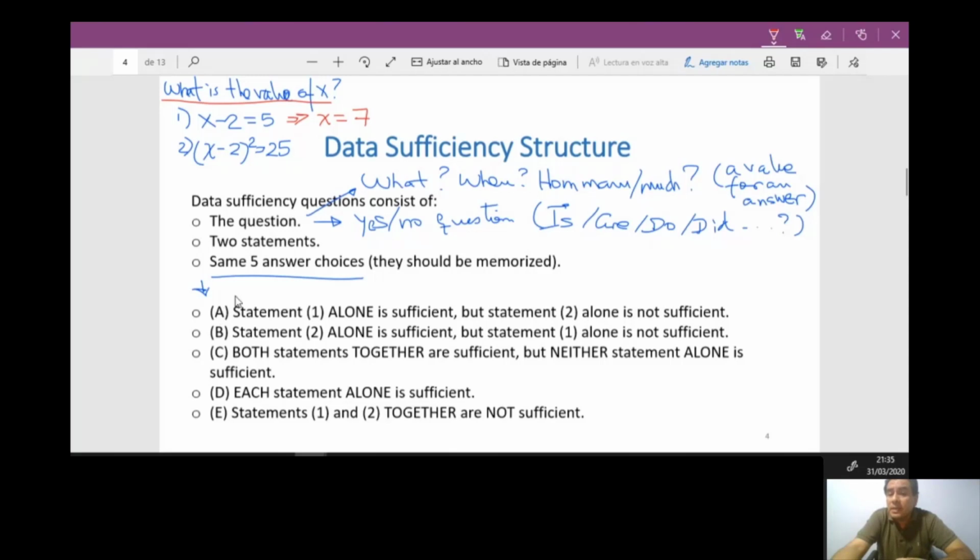All right. Yes, most of you correctly realized that there is only one value that makes this statement true, because 7 minus 2 equals 5. Okay? Because we can answer the question of the problem with the single value 7, we label this statement as sufficient.